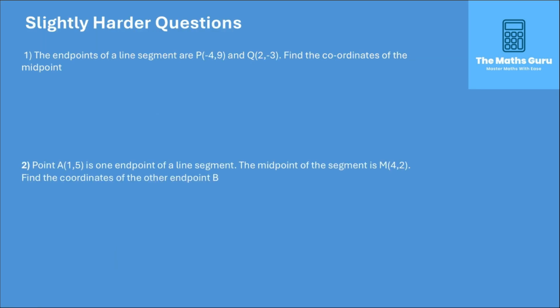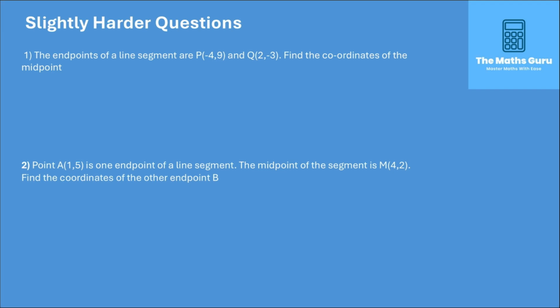Moving on, I'm going to give you an opportunity now to do these questions before I tell you the answers. Pause the video now and play on once you've completed it. So the endpoints of a line segment are P (-4, 9) and Q (2, -3). Find the coordinates of the midpoint.